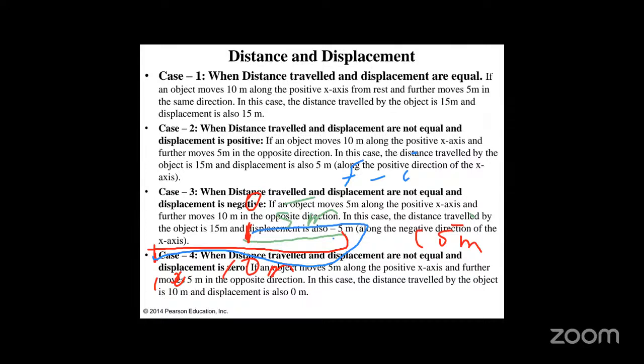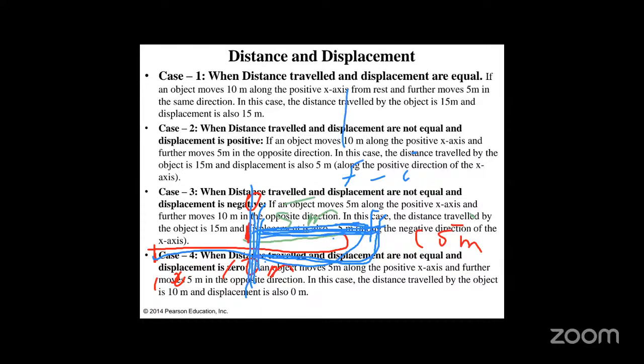If you look at this, where the 0 is, initially the object was going in the positive x-axis. So it got to 5 and then returned. So from this point to 5 and then back to 0 is also still in the positive x-axis.